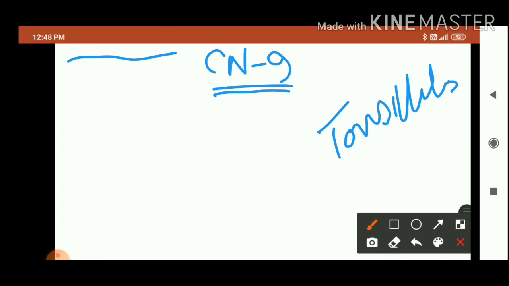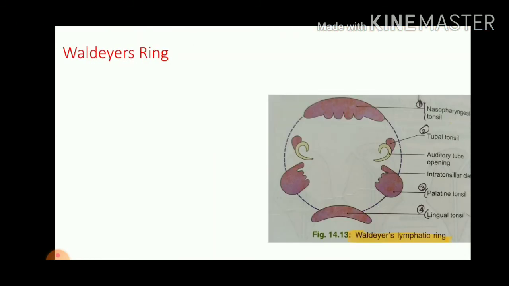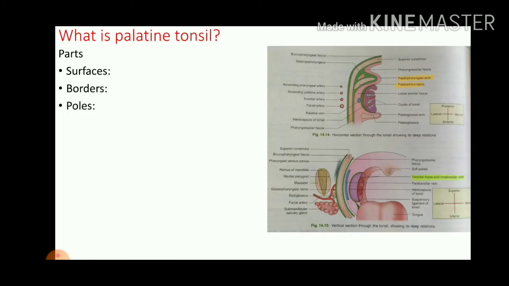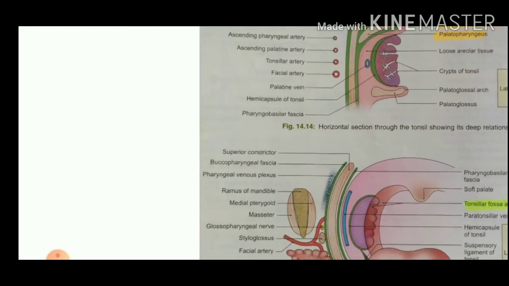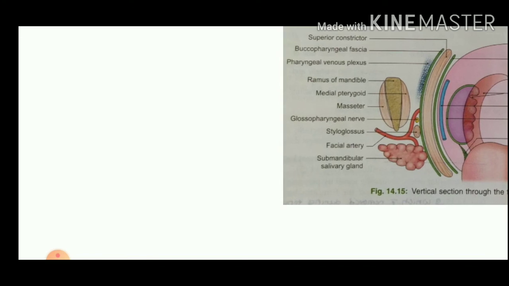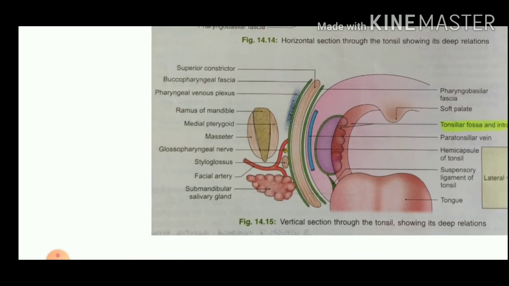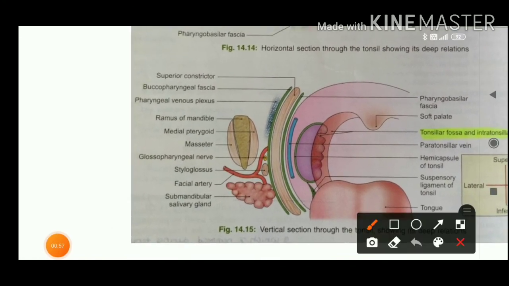Now we come to the second clinical significance, that is the tonsillectomy. Okay, what do you mean by tonsillectomy? Tonsillectomy is the removal of palatine tonsil. You see in this diagram that the vein that I am demarcating here is mainly the paratonsillar vein.